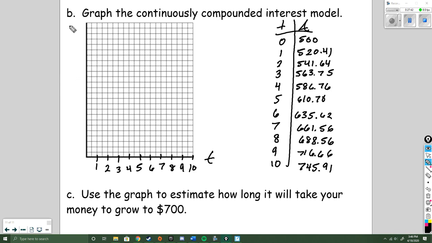And then on the y-axis, we have A, and every 2, I'm going to say that's about 100. So we're going to go up by 50s. Just taking some time here. Here we go. I don't have to go all the way up here because obviously by 10 we only get to 745. So I'm going to leave it right there.